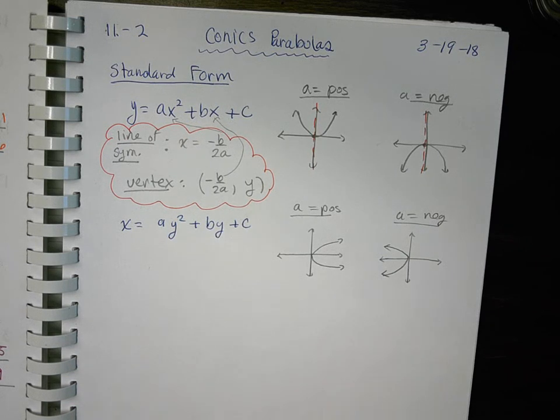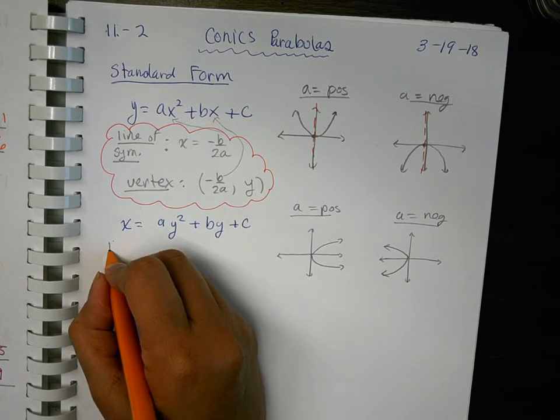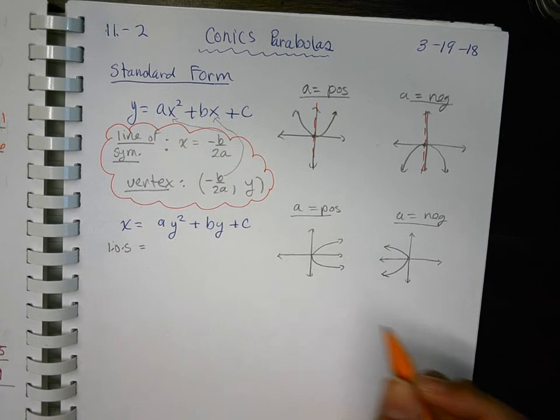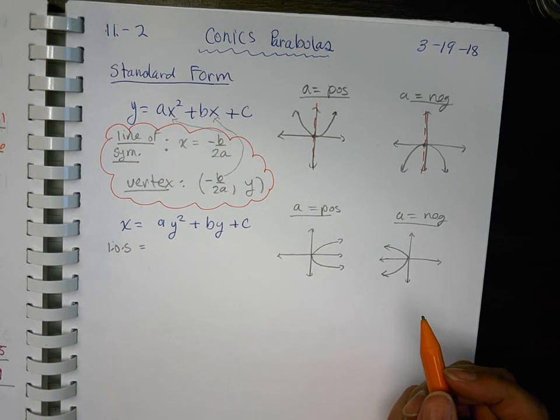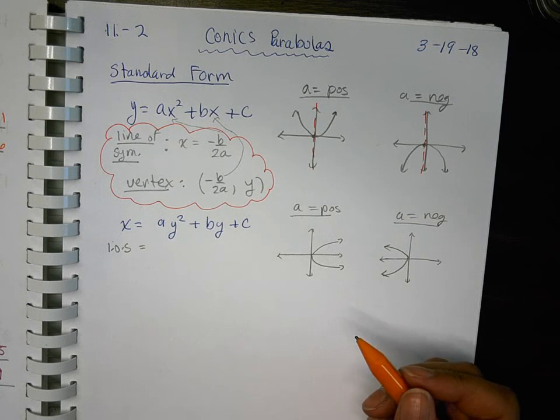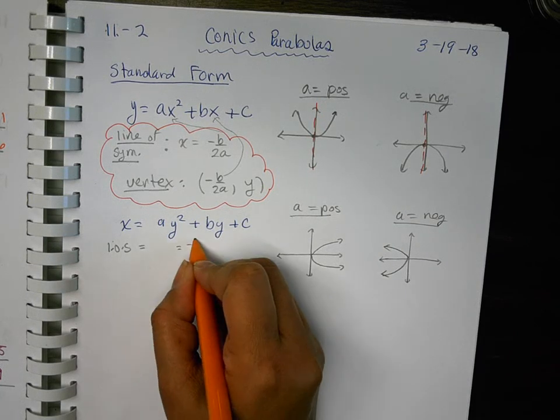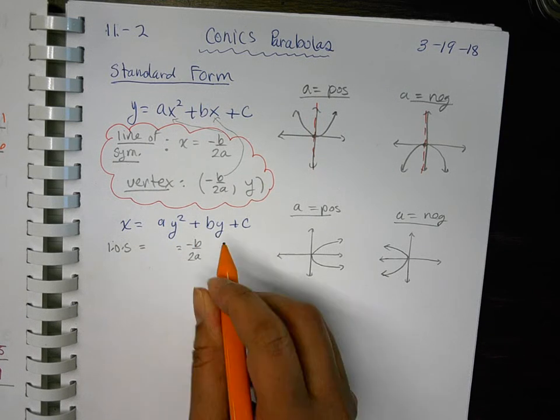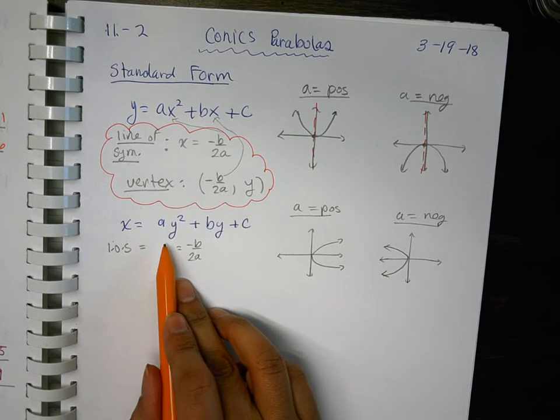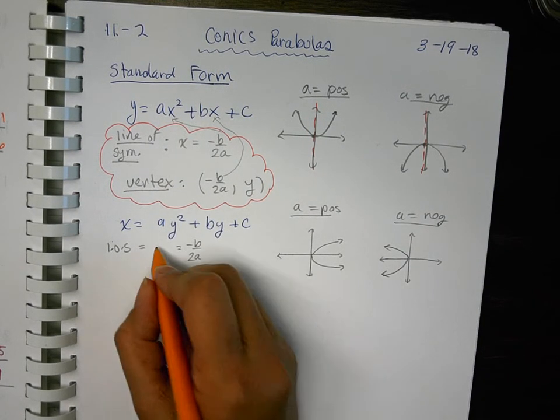All right, LOS. Are you guys okay if I just call it LOS now? We know what LOS stands for. Line of symmetry, or axis of symmetry, in case you ever see it. All right, it's still negative b over 2a. What's changing though? Instead of x equals negative b over 2a, what is it going to be? Y equals.